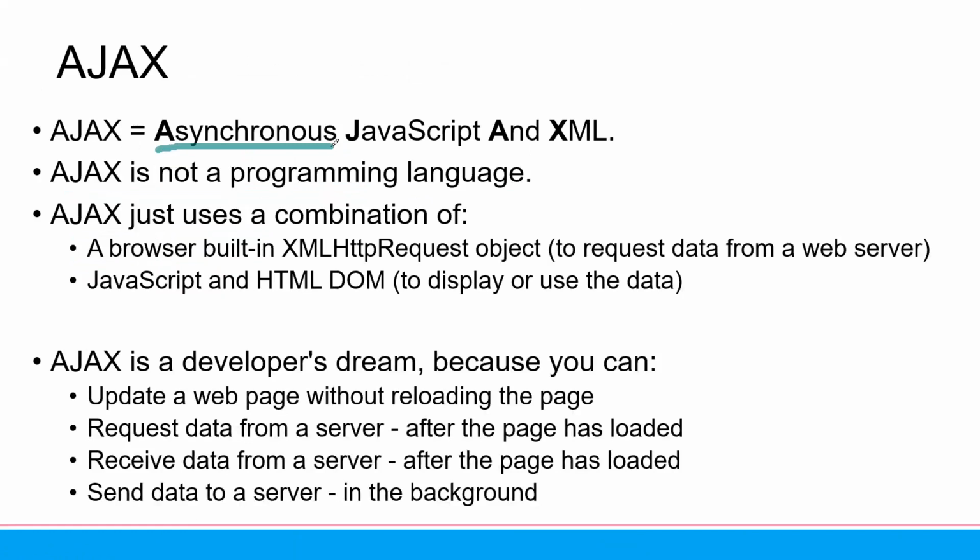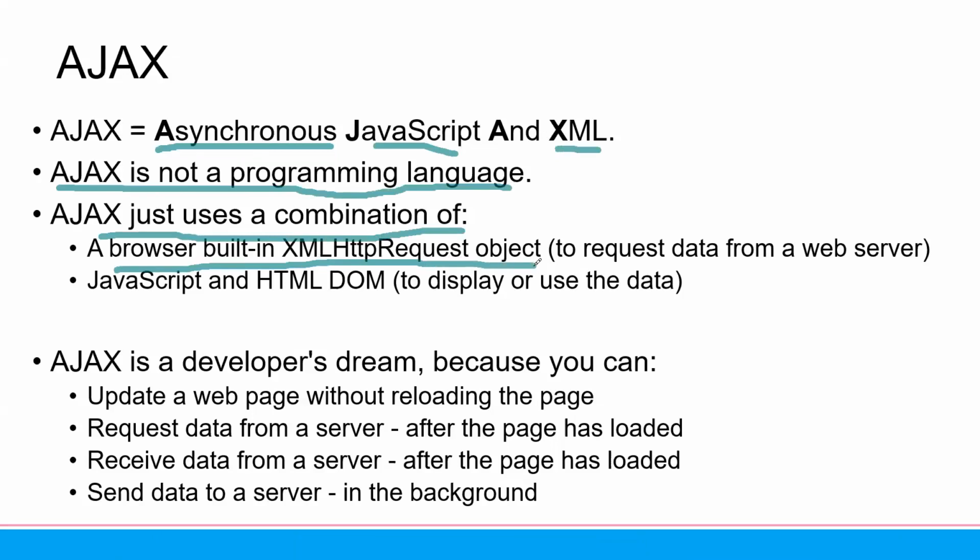Asynchronous means there will be synchronized items between the JavaScript and the XML, but it is asynchronous. It is not real time, but it is connected. Ajax is not a programming language, and it is used as a combination of a browser built-in XMLHttpRequest object.